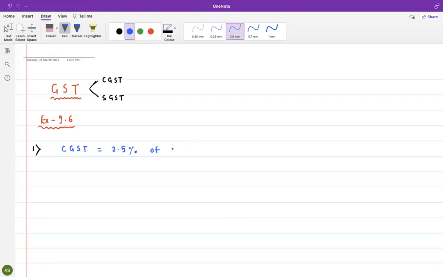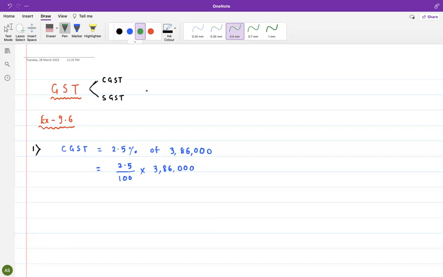So that is 3,86,000 here. We can easily calculate this: 2.5% means 2.5 upon 100 into 3,86,000.